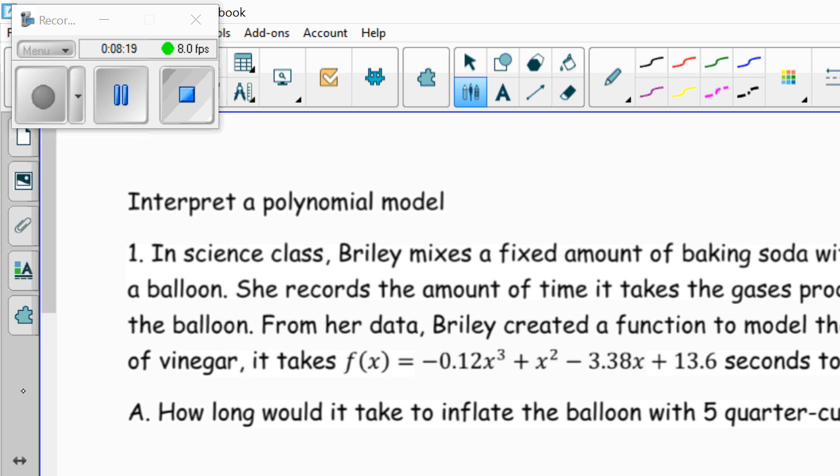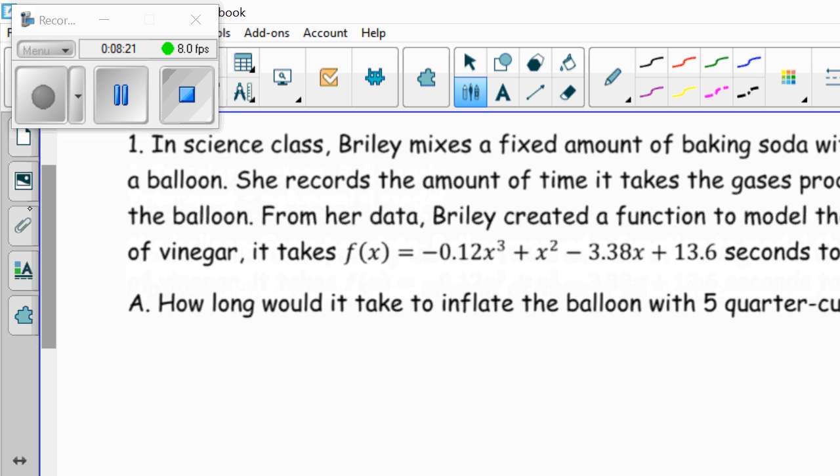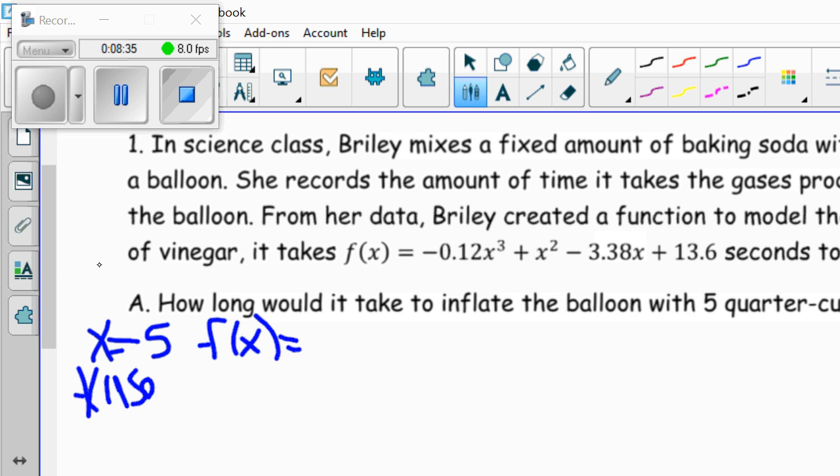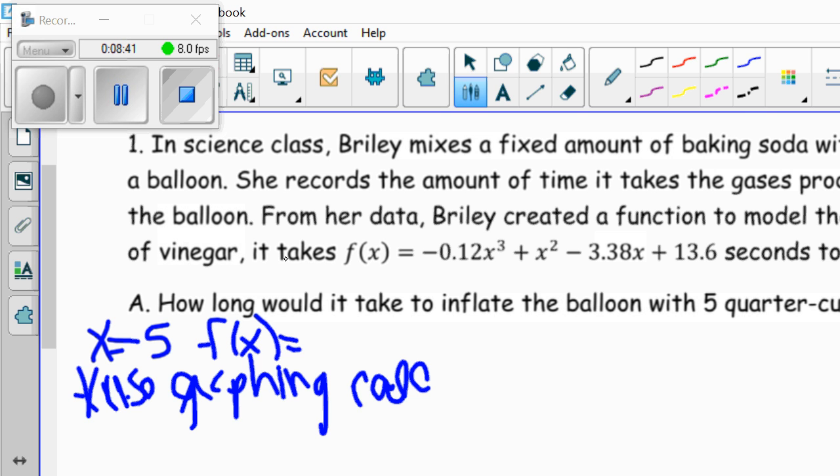Okay, so we want to know when x is 5. When x is 5, what is f of x? We could plug 5 in here, or we can use a graphing calculator. These are nice to use our graphing calculator. We can go to the table function or the trace feature.